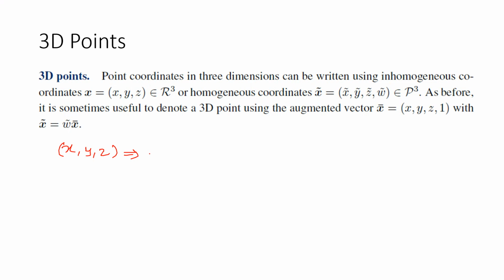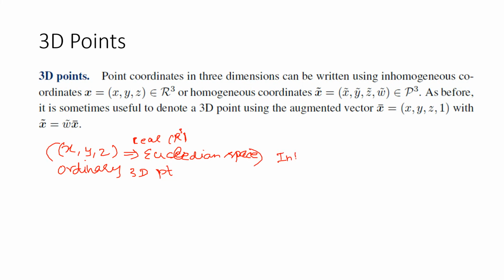This point can be represented in real space, or we can say Euclidean space, represented by R. Since it is 3D, I'm representing it as R^3, which is nothing but an ordinary 3D point, an inhomogeneous coordinate or inhomogeneous point.